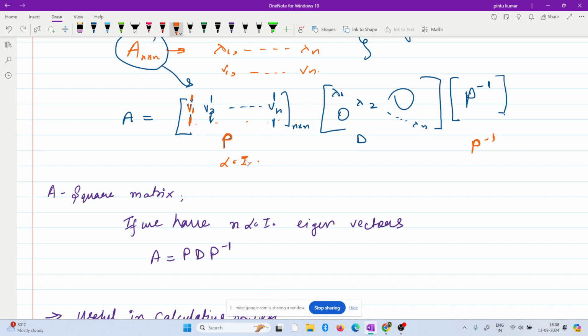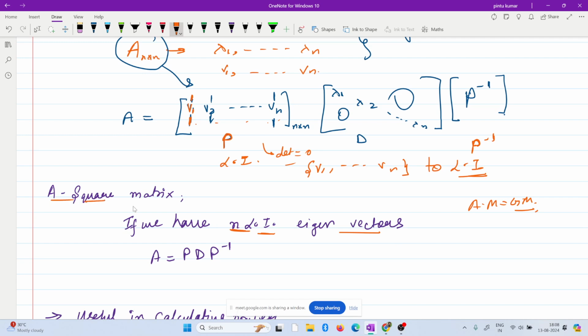Otherwise, its determinant would be 0 and the inverse won't exist for this matrix P. So we want V1 to Vn to be linearly independent. This is the condition that people write in a more mathematical way, where they say algebraic multiplicity is equal to geometric multiplicity. But the only thing you should check is whether you have n linearly independent eigenvectors or not.